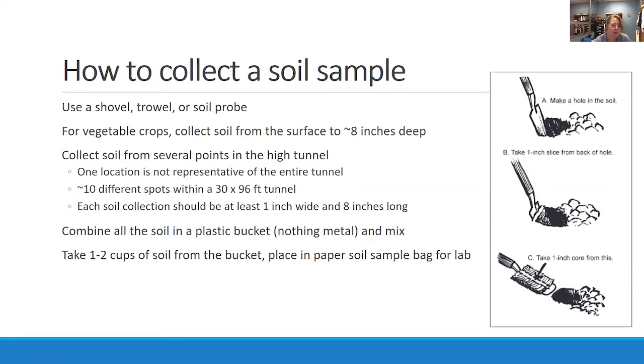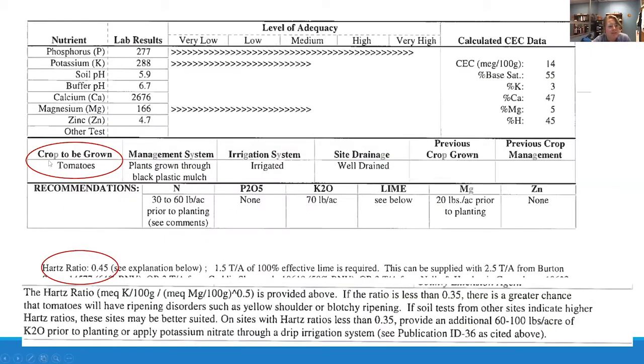The bags that we send in have a line that says do not overfill this bag, right? And they mean it. We could send in a gallon of soil and they would only use 2 cups. So save the shipping costs: take a larger sample and then pare it down to about 2 cups. So this is an important component.